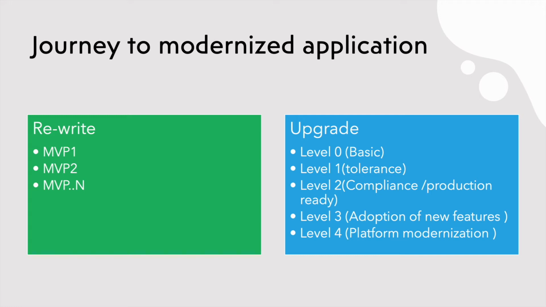With a rewrite we have the flexibility, with an upgrade we have to go phase-wise. So first we have to complete level 2, and then levels 3 and 4 we can do once we upgrade our system to production. Let's say we are in level 2 on 8.x in production, and then we can slowly adopt new features and modernize our platform.